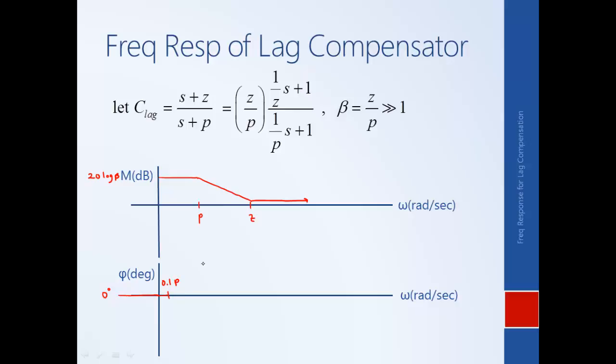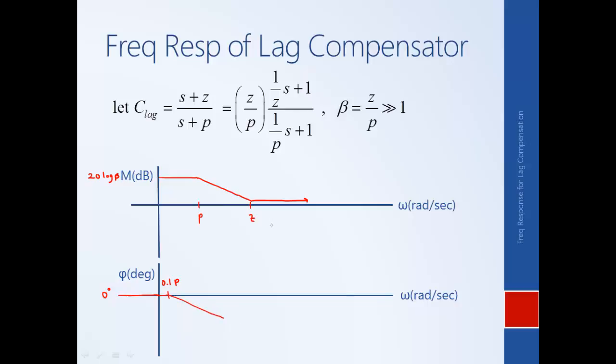So 0.1 P. And that causes the phase to drop down to minus 90 degrees in the limit. That's what a pole does. A pole starts at 0 and goes down to minus 90 degrees.